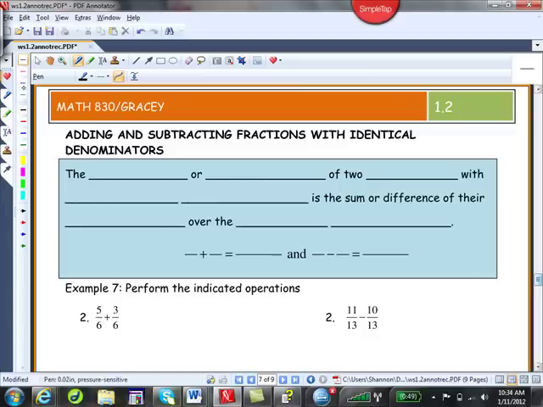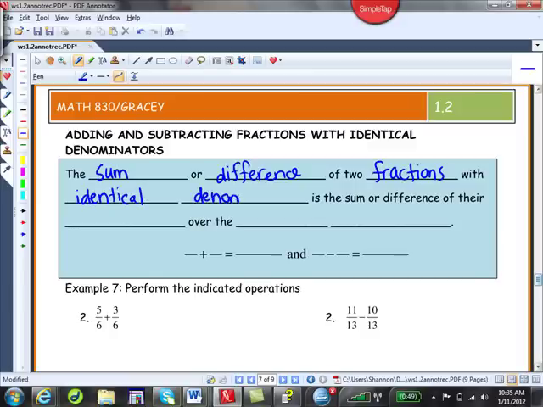So the sum or difference of two fractions with identical denominators is the sum or difference of their numerators, and we place that over the common denominator.